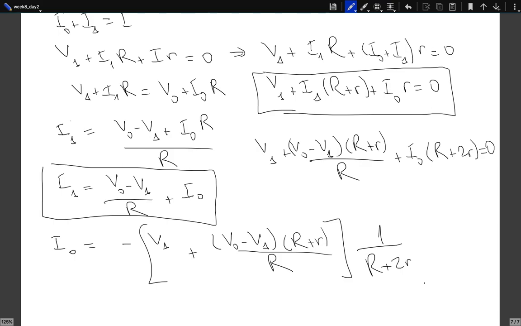If V0 minus V1 is large enough, this combination will be negative, so I0 will be positive. But if V0 minus V1 is small enough, then this term will be negligible. So I0 turns out to be negative, which to me doesn't make any sense.